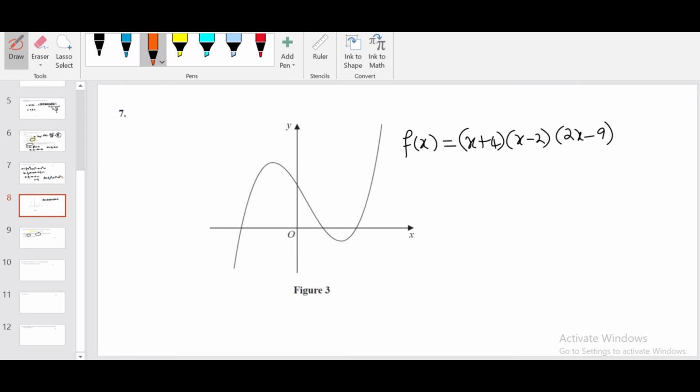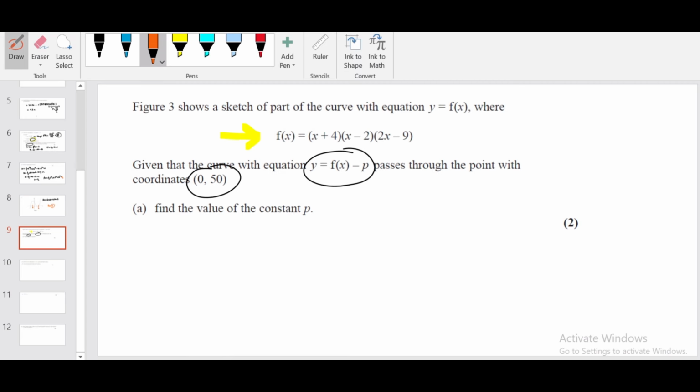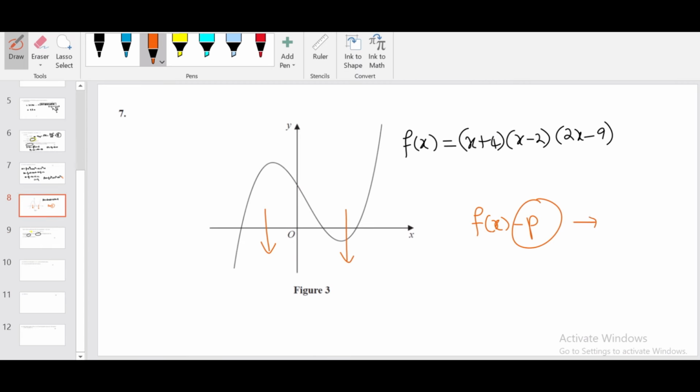Now the question says f of x minus p, the new graph they are talking about, where you apply the transformations on the given graph. When you apply this transformation, since it's minus p outside the f of x, you have to push down the graph p units. Okay, and it passes through 0, 50. They say this graph passes through 0, 50.